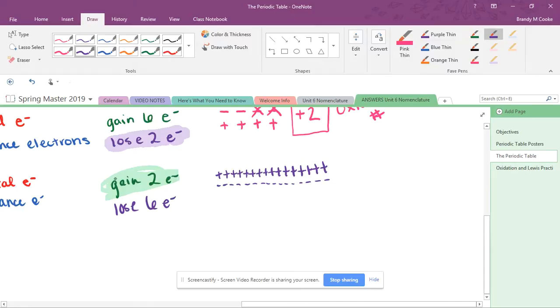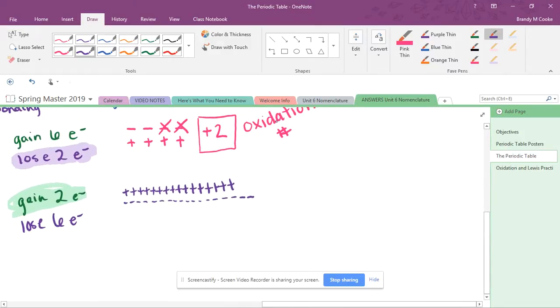He gained 2 electrons, right? So if he gained 2 electrons, well, now he's going to have more electrons, more negatives than he does positives. So more negatives means he's going to have an overall negative charge. His oxidation number is going to be -2.